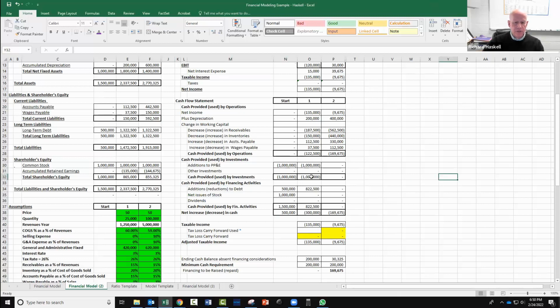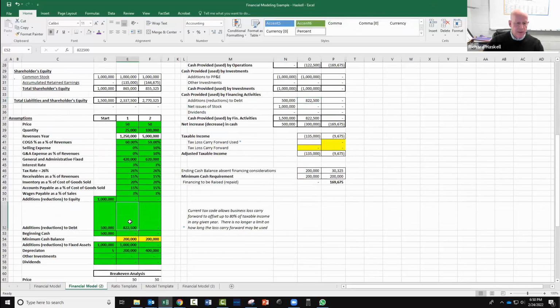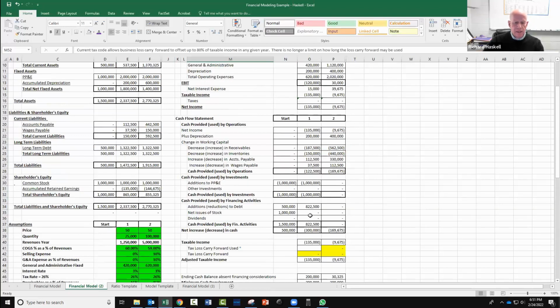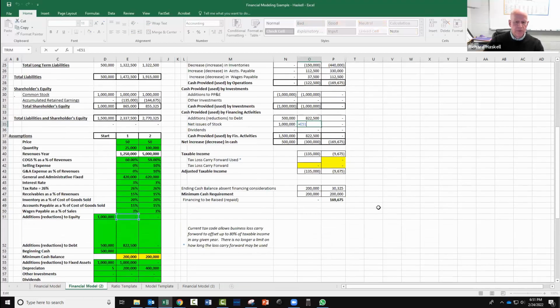And so I see here that in this year, I added $822,500 in debt. I did it because I was running such a horribly negative cash flow. If I had issued new stock, it would have been referenced here. If I had paid any dividends or distributions, they would be referenced here.